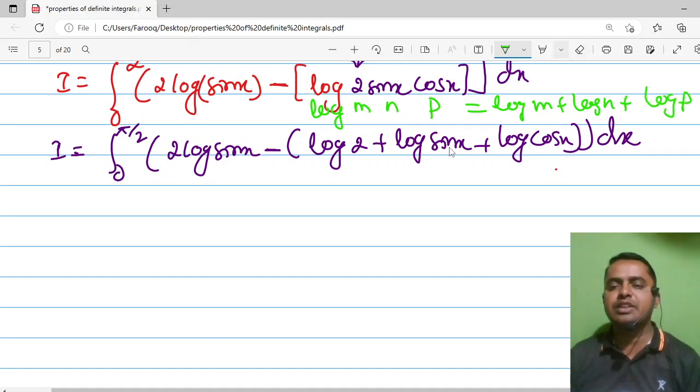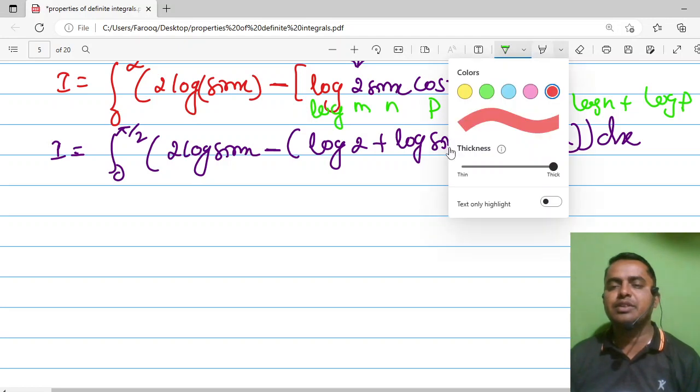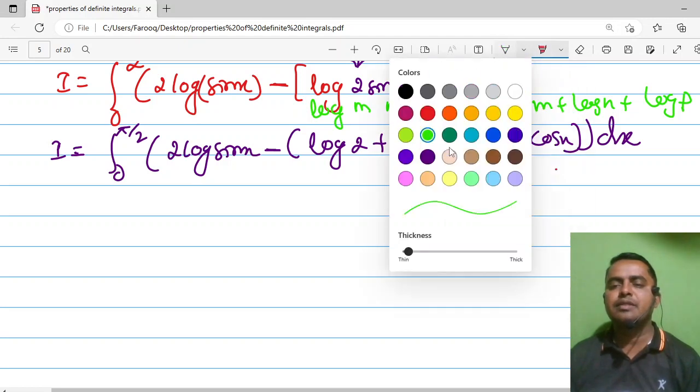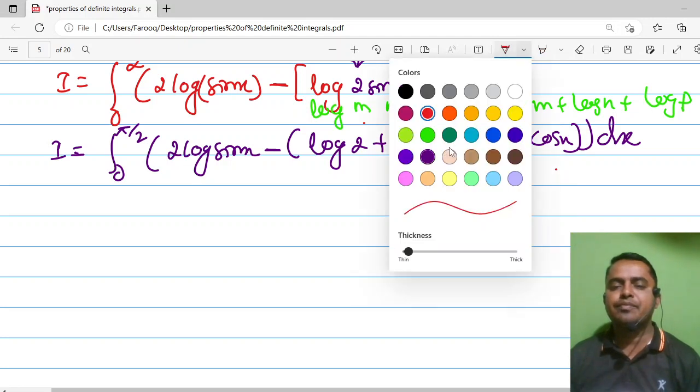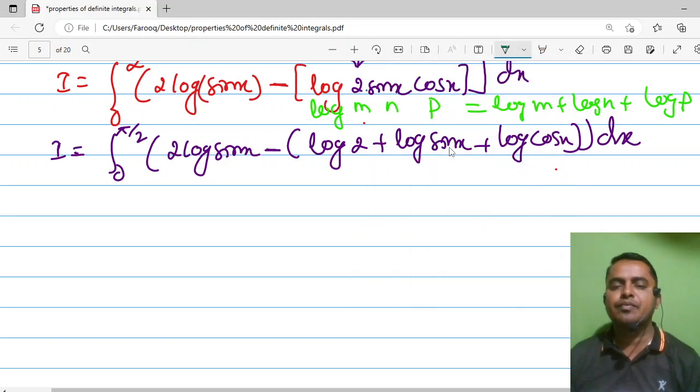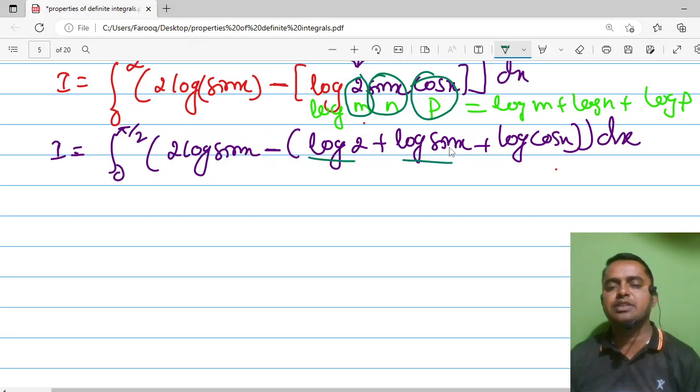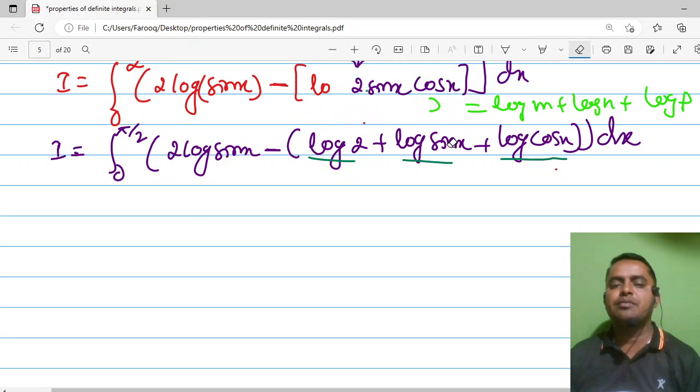Here the value of m is 2, n means sin x, and p means cos x. That is log 2 plus log sin x plus log cos x. By applying the property of logarithm, log of m into n into p is log m plus log n plus log p. I hope you got this step.